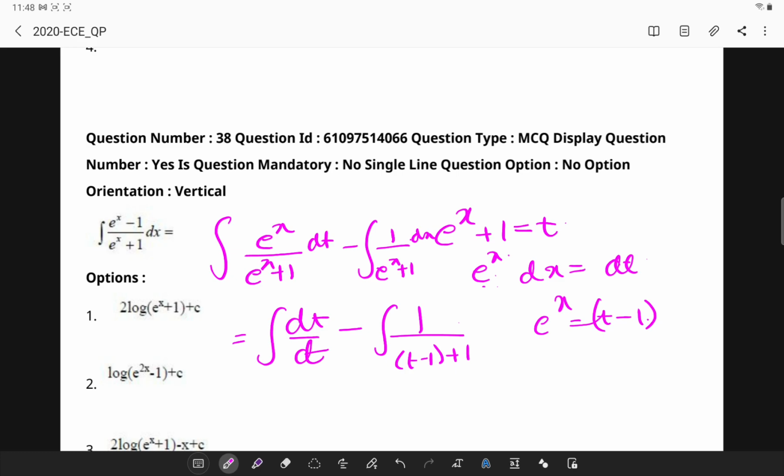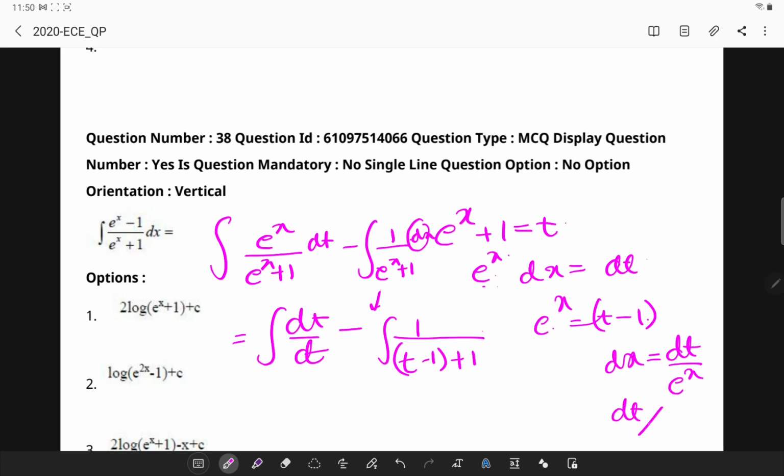So this is integral dt by t minus integral 1 by t minus 1 plus 1 into dx. Here I have to write e power x in terms of t, which is t minus 1 plus 1, into dx. I also have to write dx as dt by e power x, or e power x is t minus 1, so dt by t minus 1.